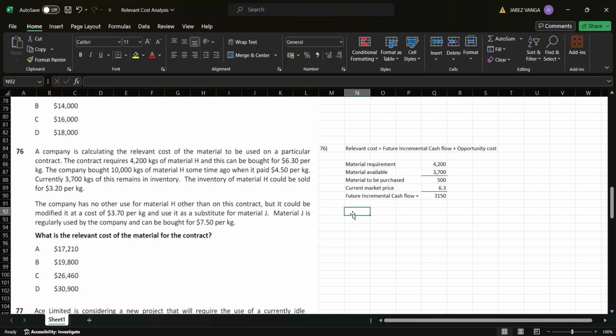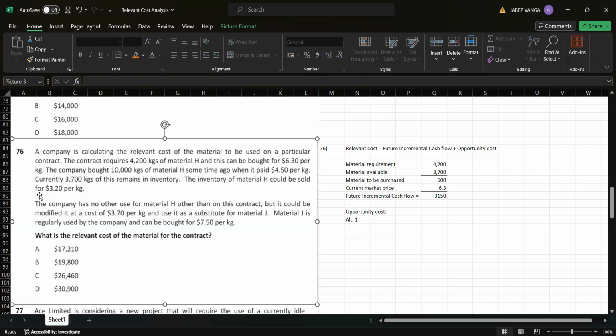Next, we also have to look into opportunity cost. For the calculation of opportunity cost, there are two alternatives. Let's first talk about alternative one. What is alternative one? That the inventory of material H could be sold for 3.20.